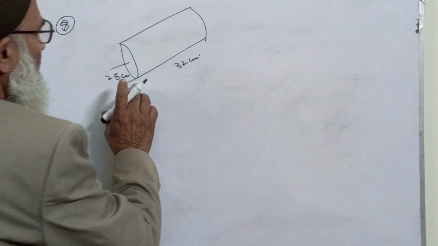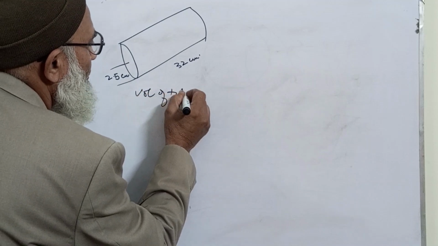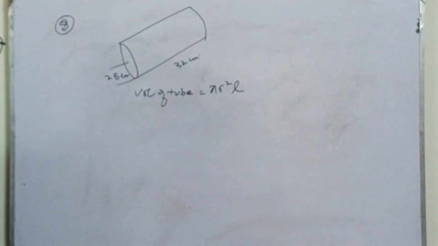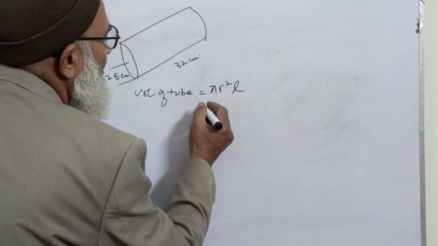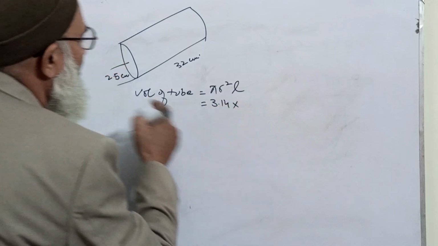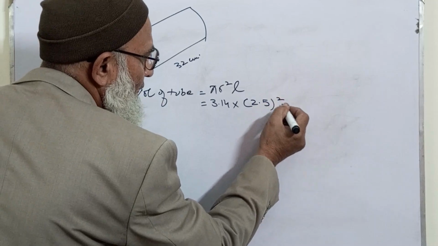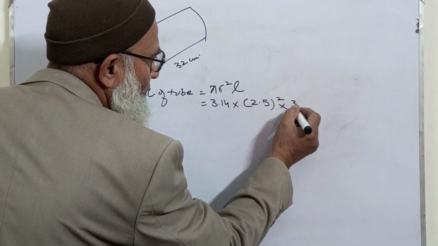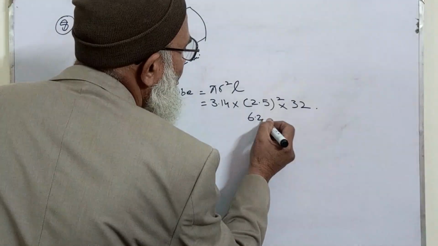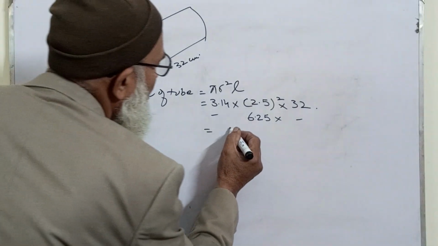The volume of the tube is equal to pi r square multiplied by L, which is 3.14 multiplied by 2.5 the whole square multiplied by 32. So this will be 6.25, and the rest of the things are the same, 628.